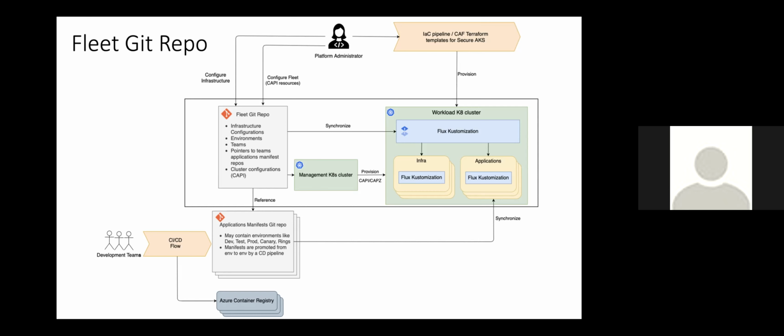So here there are two roles, which we call platform administrator and development teams. The development team is involved with developing the business applications and its features, while the platform team takes care of the platform, the infrastructure that hosts these applications. Let's say there are a number of development teams. Each of them runs its own software development lifecycle to develop applications.